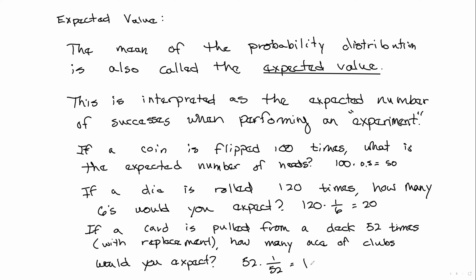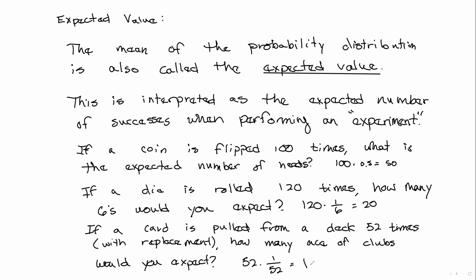What would your guess be before you actually did the experiment, before you took a card from the 52 card deck, pulled a card, looked at it, is it the ace of clubs, yes or no, and then put it back in, shuffled, and pulled a card again. You did that 52 times.